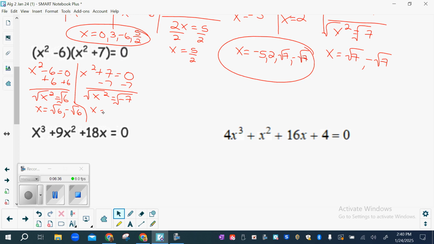What does it become? I, that's right. So this is i square root 7. Second answer would be negative i square root 7. So that i goes outside the parentheses as well as that negative. So my solutions are square root 6, negative square root 6, i square root 7, and negative i square root 7.